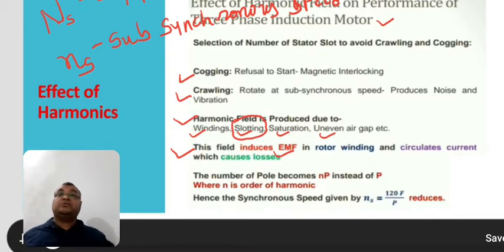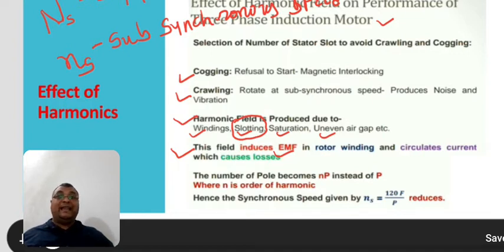So the magnetic field which is produced here is a harmonic field, and the harmonic field will induce the EMF in the rotor winding. It is very important to understand that a harmonic field will produce the EMF in the rotor winding, and due to that the current will circulate.